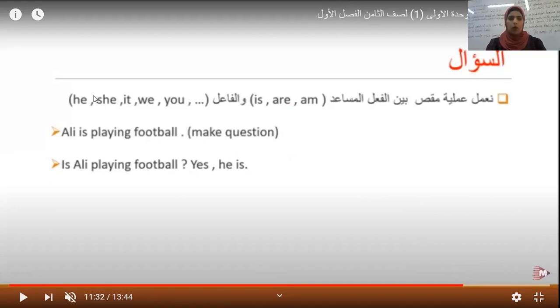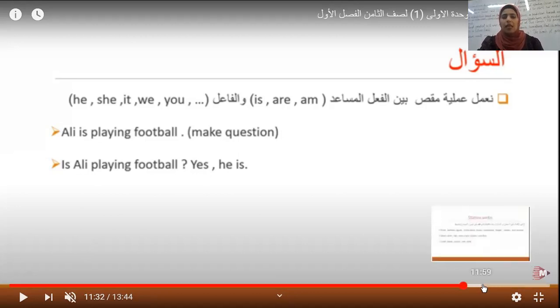When your sentence is Ali is playing football, you make a question by changing the places of the subject, Ali, and the auxiliary verb, is. Instead of saying Ali is, we say is Ali. Is Ali playing football? We just change the places of Ali and is to make the question.